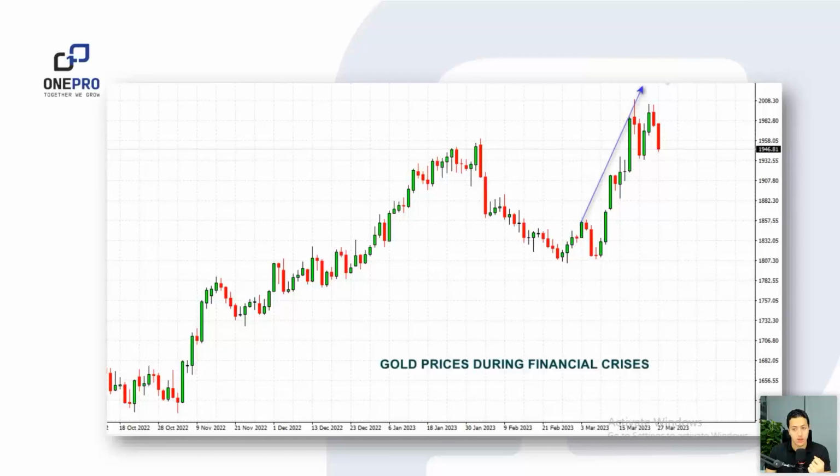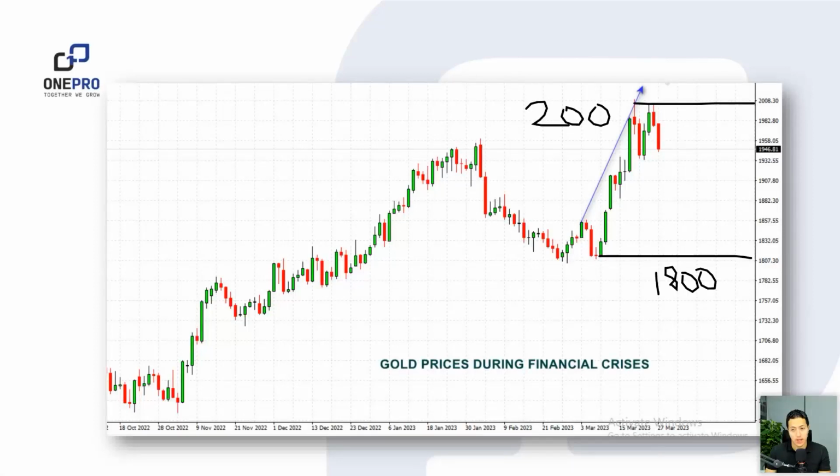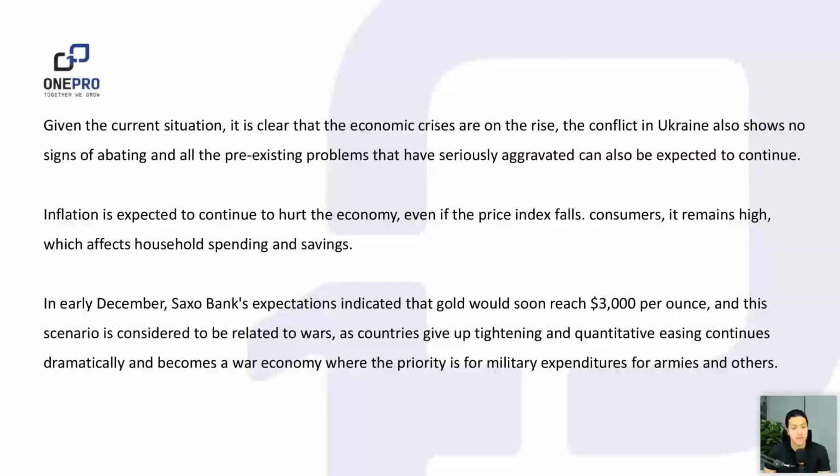You can see yet another surge in gold prices from the levels of roughly 1800 to levels exceeding $2,000 per ounce. So that's quite another big move on gold, and this was clearly due to risk sentiment in the markets.